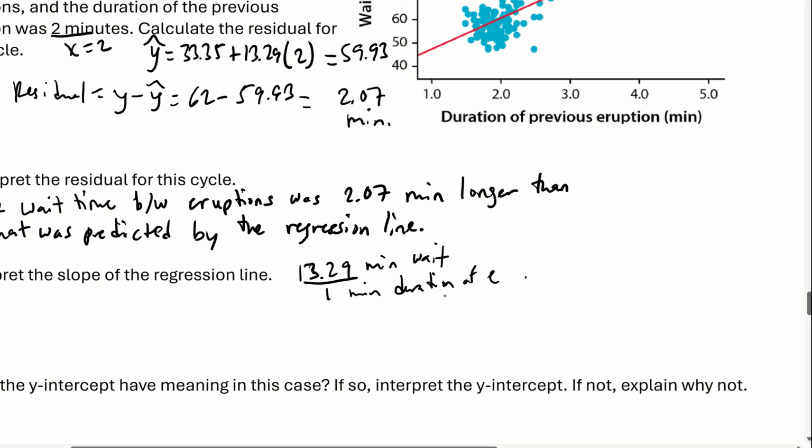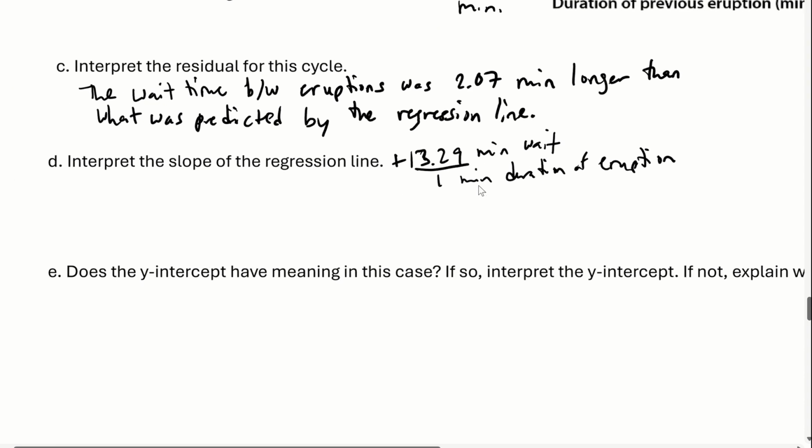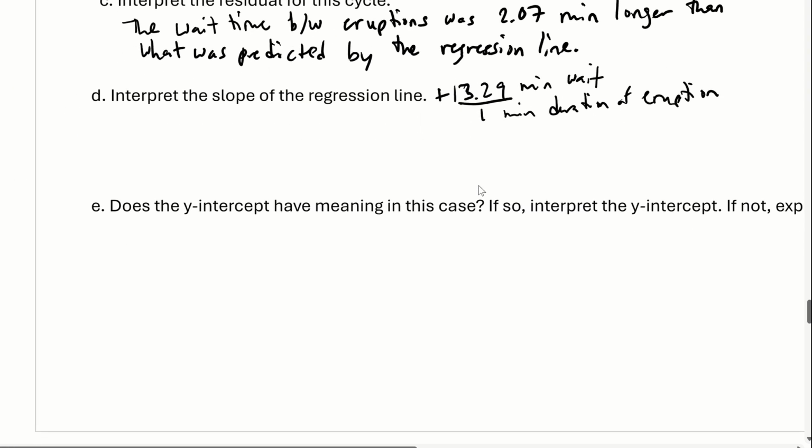Sorry, not explosion, eruption. So units of y over the units of x, and this is positive. That means for every 1 minute increase in the duration of the eruption, we have to wait even longer. It adds a predicted 13.29 minutes to our wait time. So the longer the eruption, the longer we need to wait before the next eruption, about 13.29 minutes for every 1 minute added.